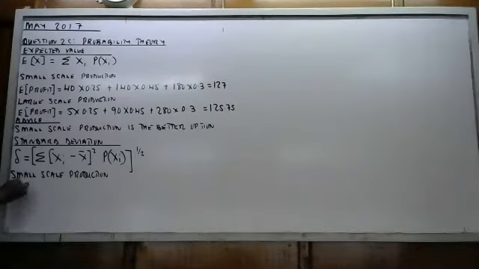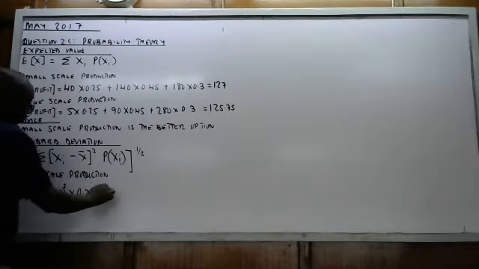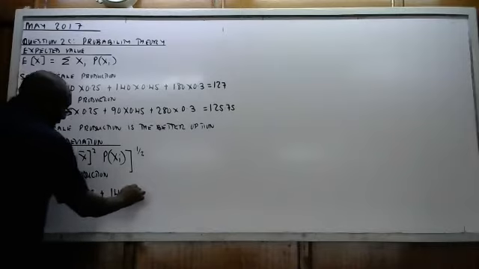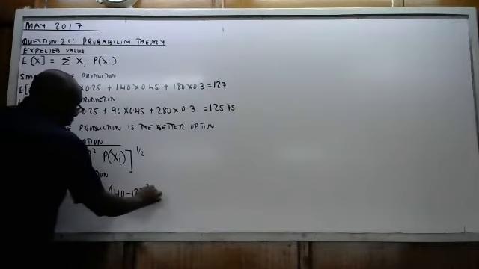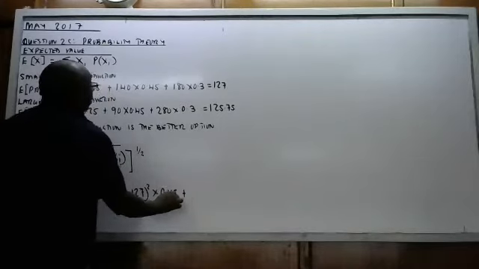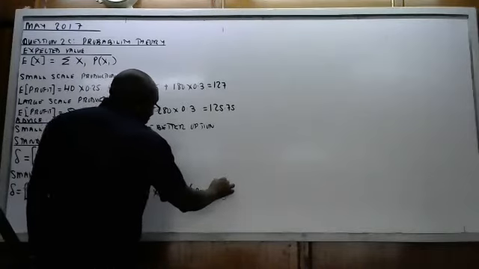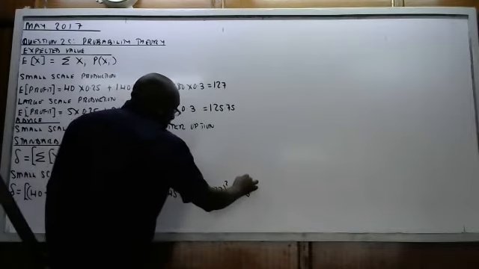The standard deviation will be 40 minus 127, you square this, then you multiply by 0.25, plus 140 minus 127, you square, you multiply by 0.45, plus 180 minus 127, you square, multiply by 0.3.